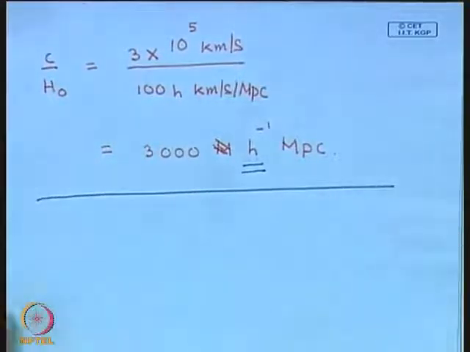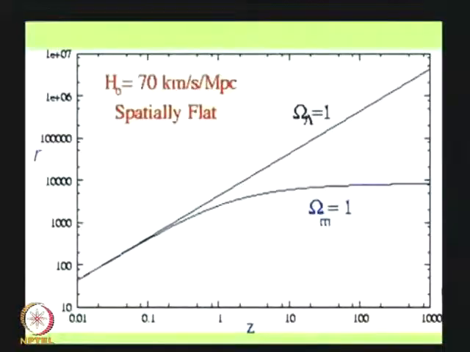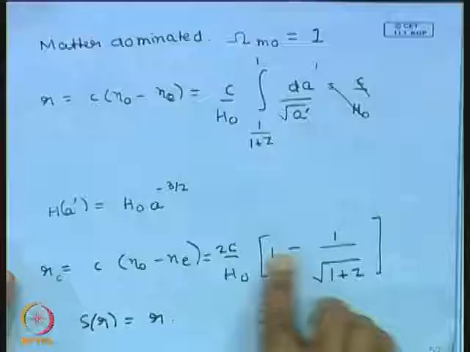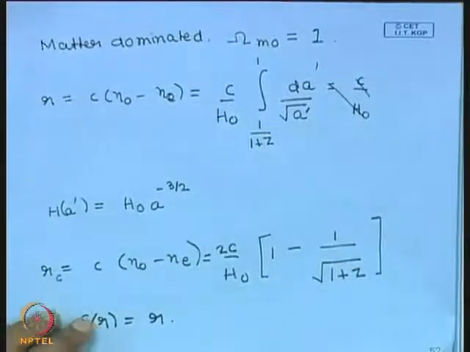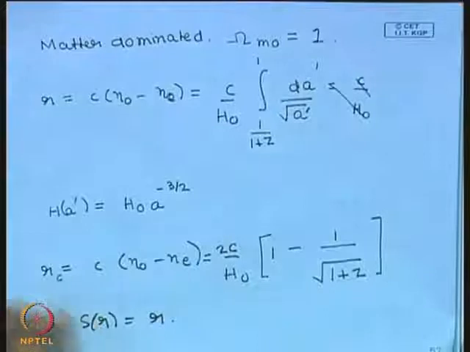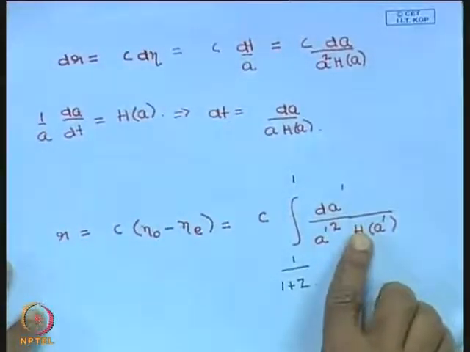So this is just a numerical estimate. Now let us go back to this picture. Here I have drawn this function for you. The function that I am showing over here is essentially this, where we have worked out the integral which allows us to calculate the comoving distance for the particular cosmological model where omega matter is 1.